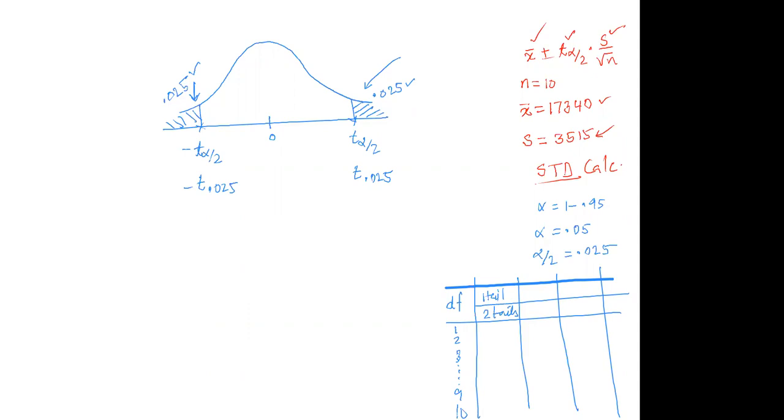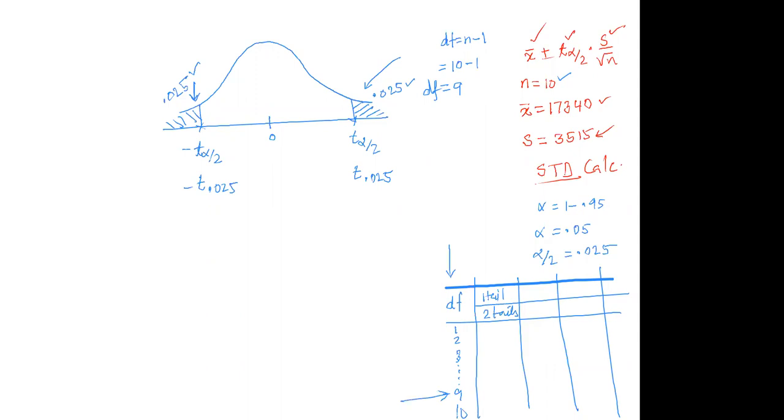Your degrees of freedom, DF, is always defined as n minus 1, the sample size minus 1. In our case, the sample size is 10, so we take 10 minus 1, and that is 9. That's my degrees of freedom, so I go to 9 in the degrees of freedom column. That's my row.